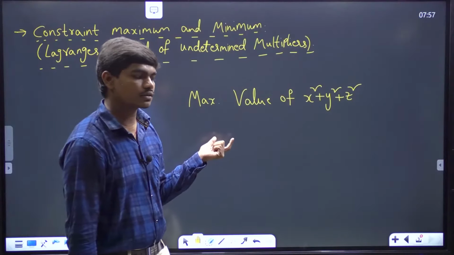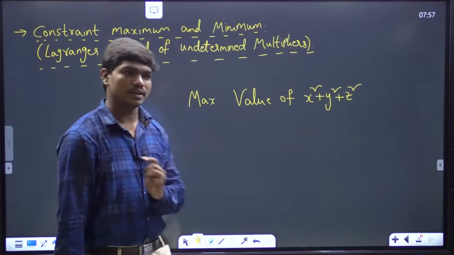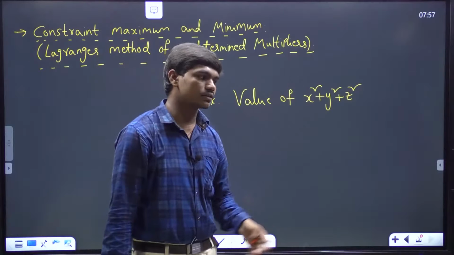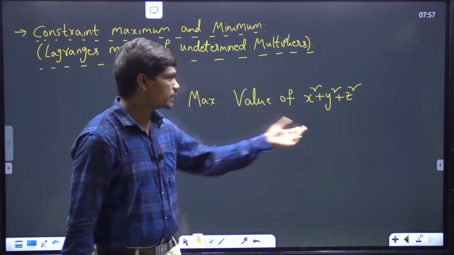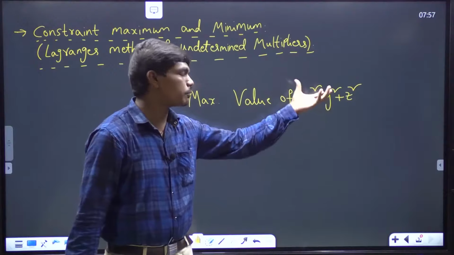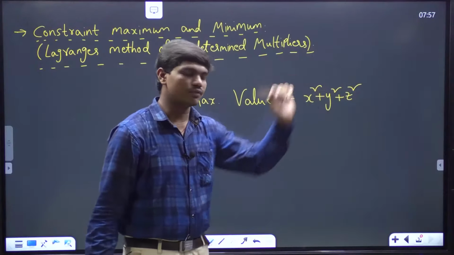What's the maximum value of this function when I didn't put any constraint on this? Means you can put any variable in place of x, y, z. Infinite, obviously, correct? Because as long as you keep on increasing x, y, and z, this value goes to infinite, correct?